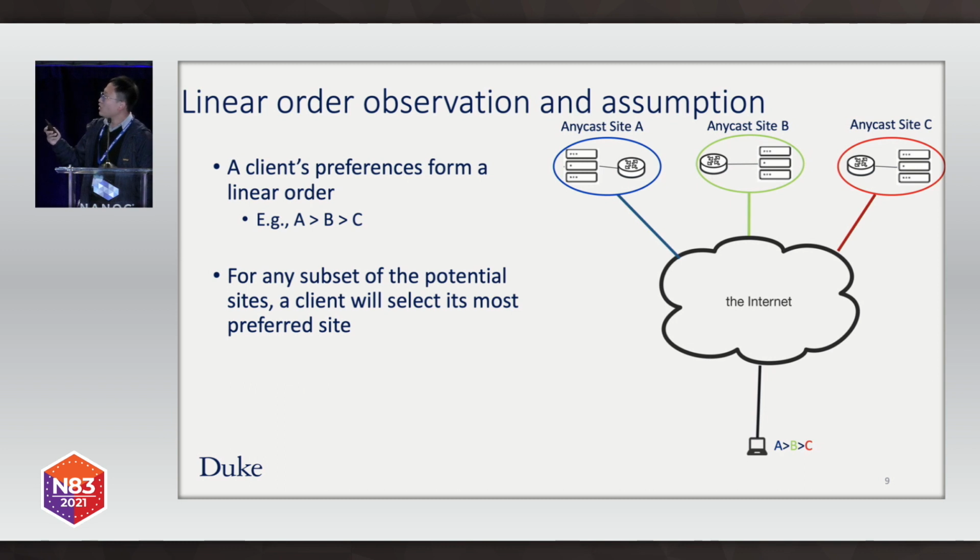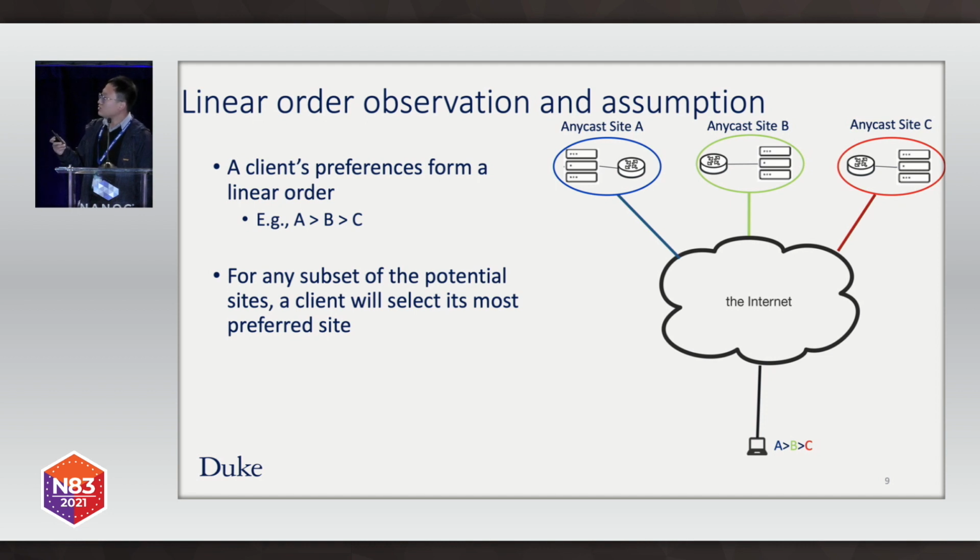It has 3 Anycast sites which potentially announce the prefix. We tried all possible combinations of those sites, and found that the client selects the optimal catchment site following that linear order. That means the client prefers Anycast site A the most, then B, and dislikes Anycast site C the most.